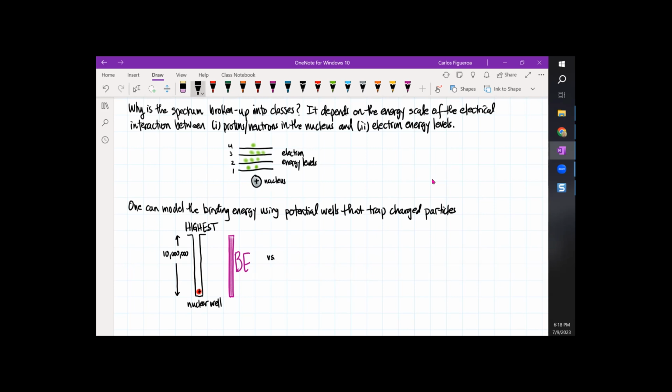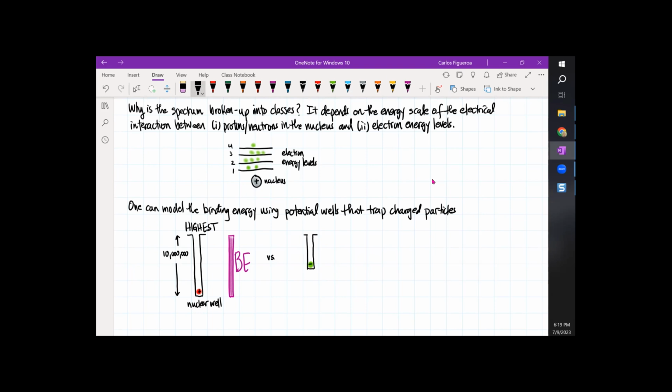If you look at electron binding energies, you're going to have something that looks like this. It turns out that they're considerably smaller. So now I'm going to look at electrons in this well.